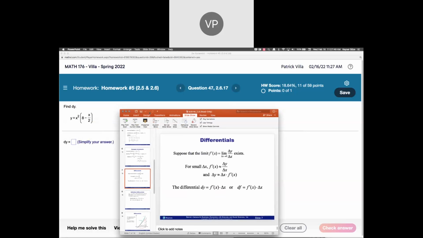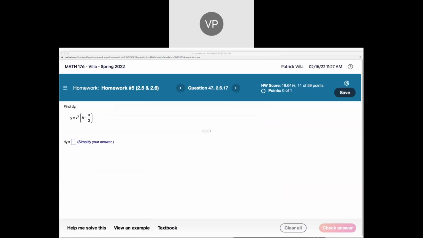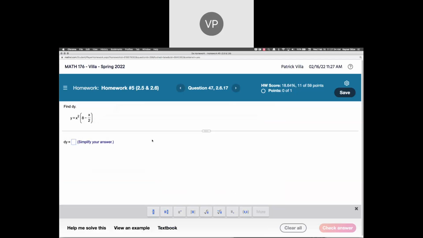Okay, well, let's see what we can find here. So plug in that formula. Just write it on the screen so we're all seeing what I'm talking about. dy equals the derivative f prime of x times delta x. Well, either way, we have to go find the derivative of this first.